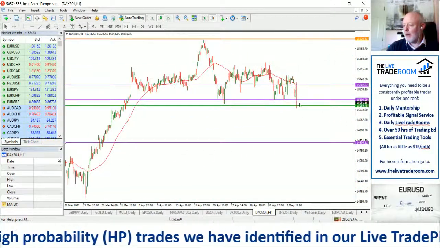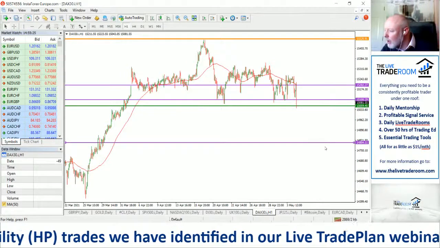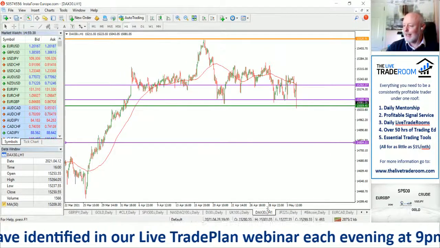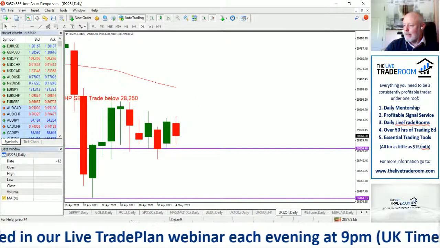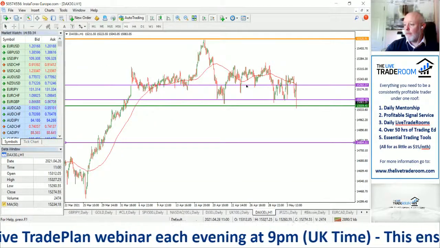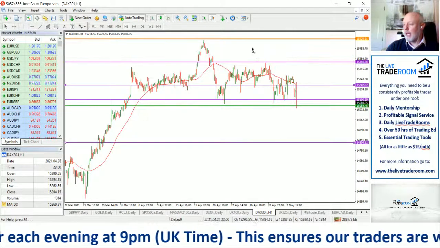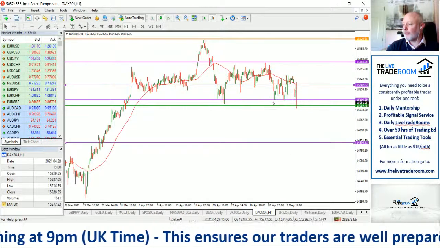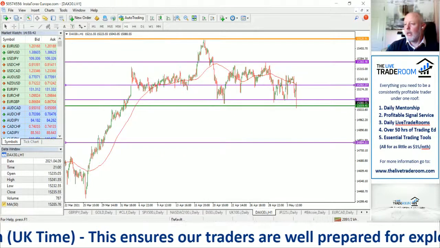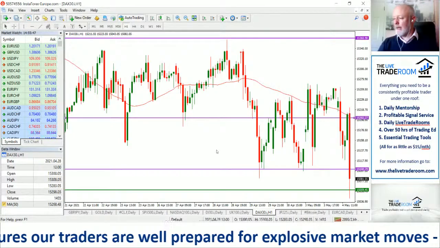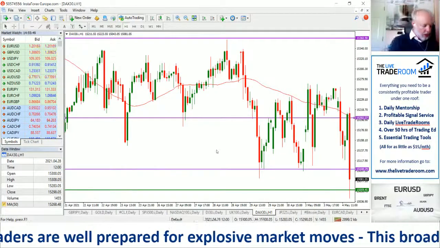So we can easily expect some continuation down to the 14,804 level for the DAX, and we do have a relatively straightforward technical stop loss. So these are all levels that we'll get set up now to see if we can capitalize on those.